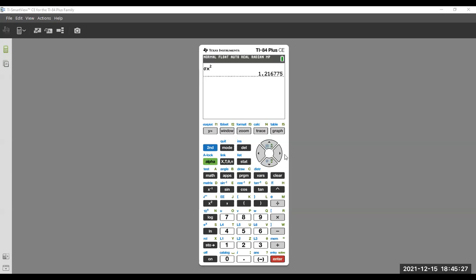And I will remind you that your calculator is capable of working with binomial distributions. That's under our distribution key. We've used it quite a bit this semester. PDF for exactly X number of successes. So that's going to be my first stop. And CDF for the at least part.